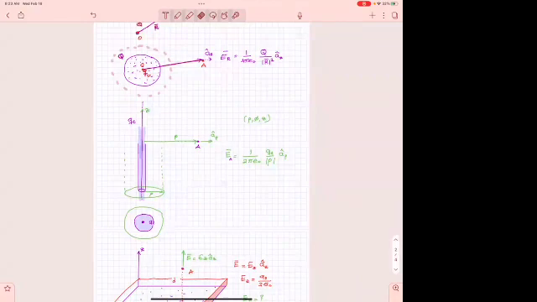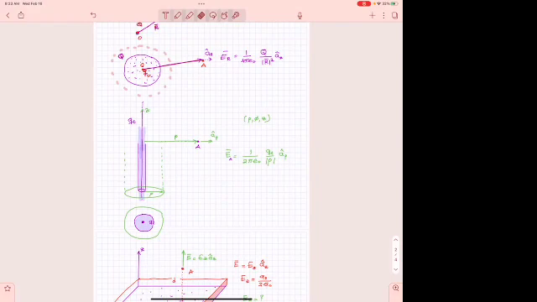Okay. And the question says the following. I have a charge, write it down also, distributed on a perfectly conducting sphere.